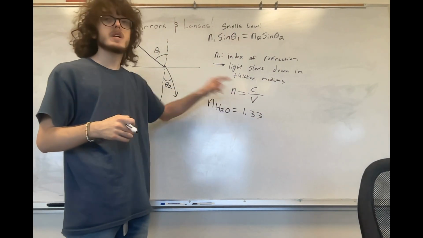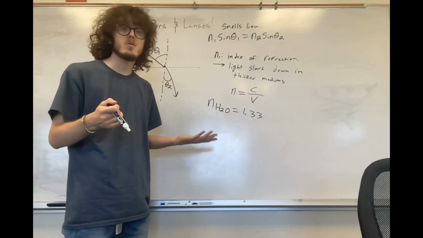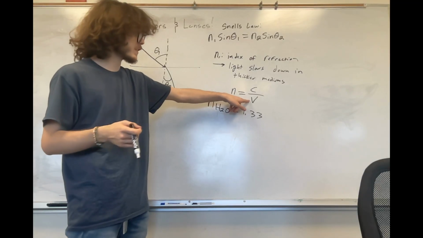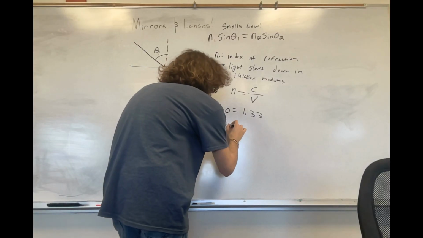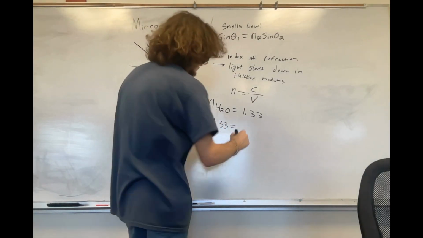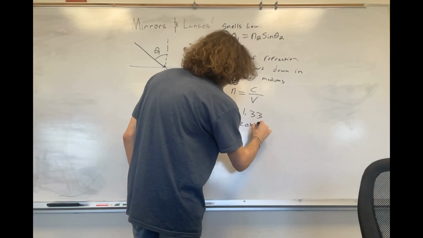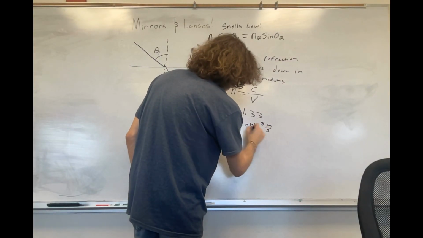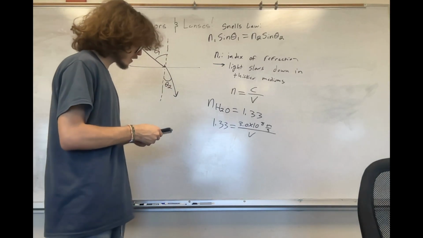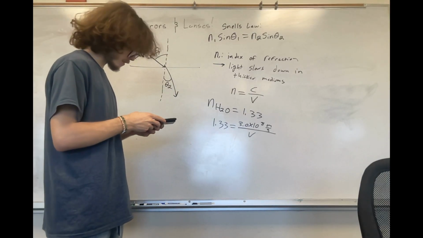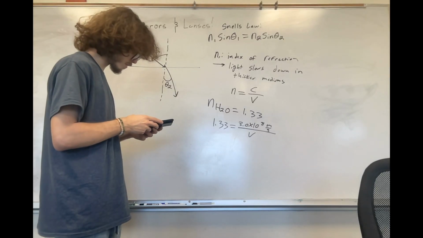What is the speed that light travels through water? That's what this variable is. So let's solve for it. 1.33 equals c, which if you remember is 3.0 times 10 to the 8 meters per second, over v. Okay, what's that final velocity? Well, it's going to be 3.0 times 10 to the 8 divided by 1.33.